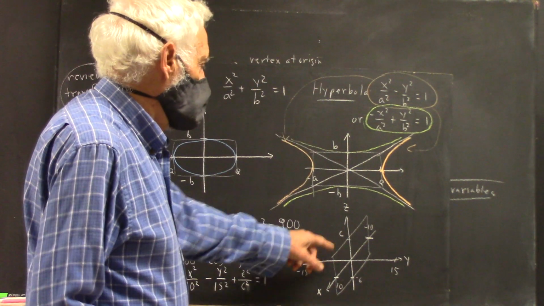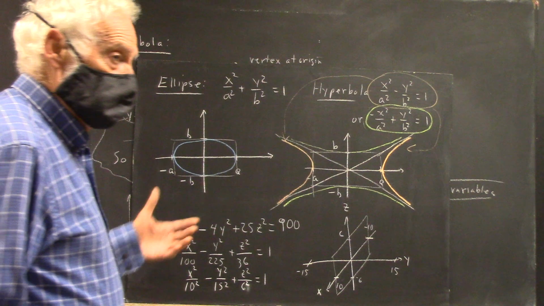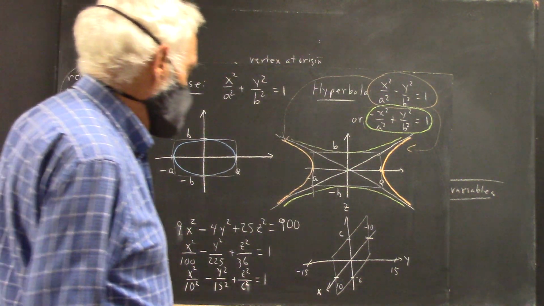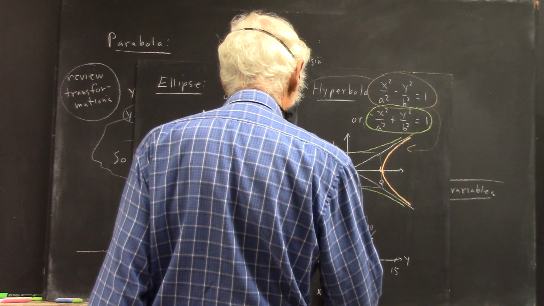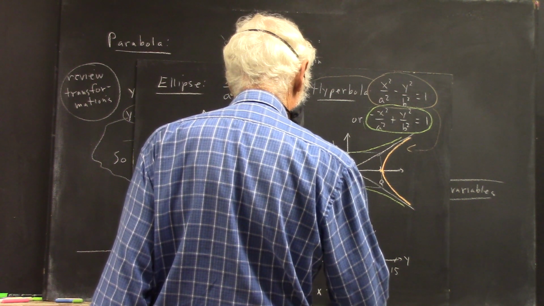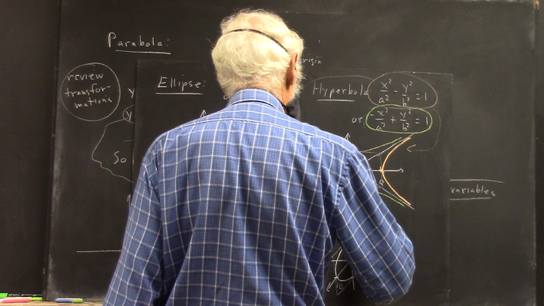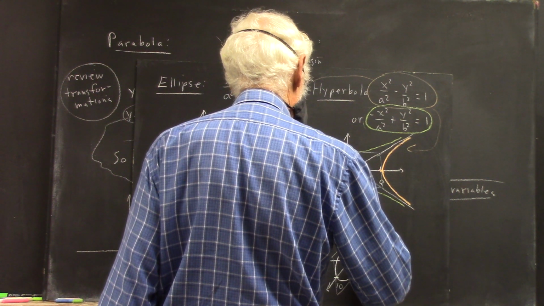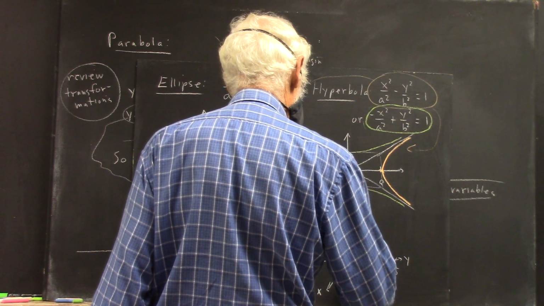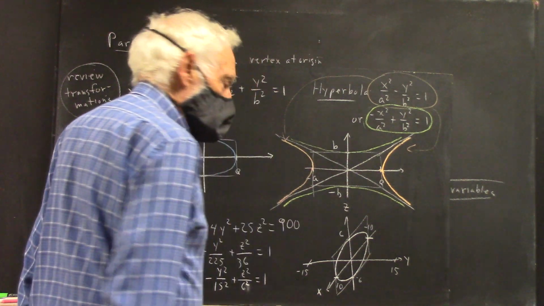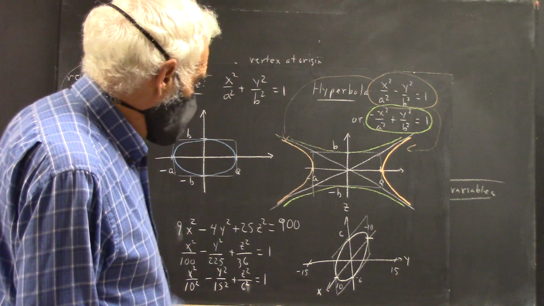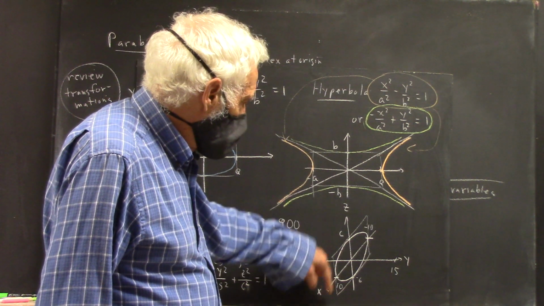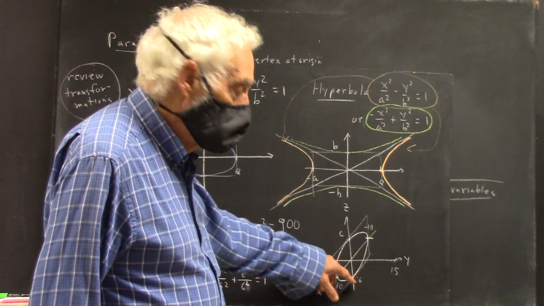Right, there is a rectangle in the xz plane, and within that rectangle I can sketch an ellipse. Now the key to doing a half-decent sketch is to make sure that the ellipse is tangent to this rectangle at these 4 points.